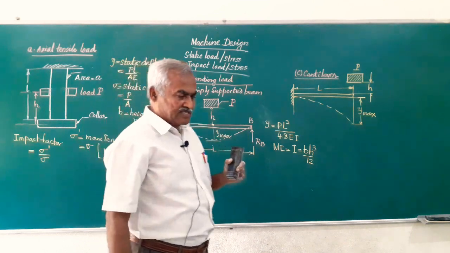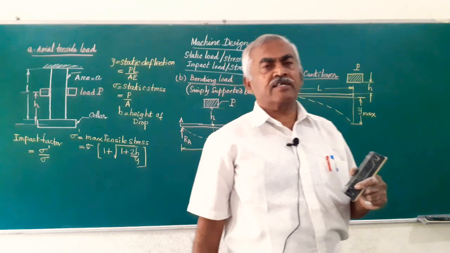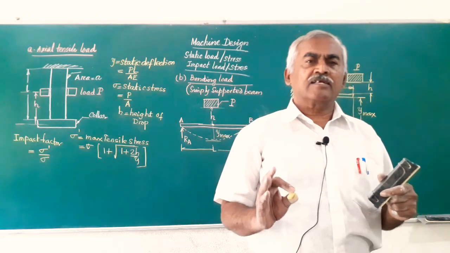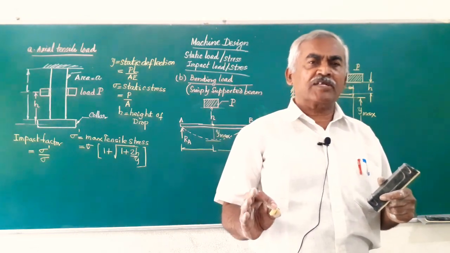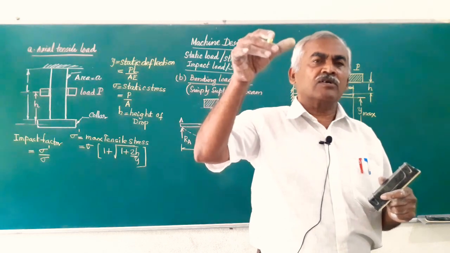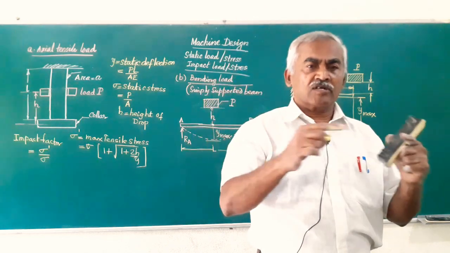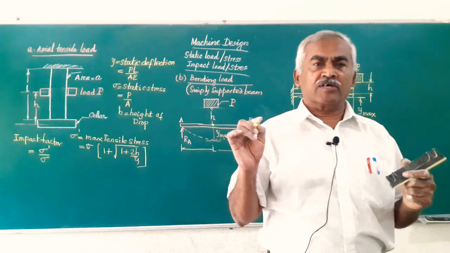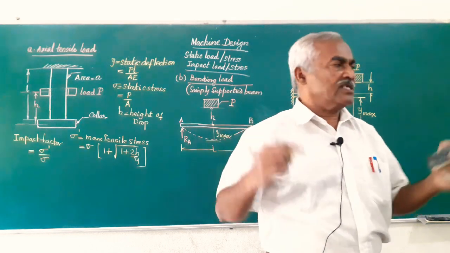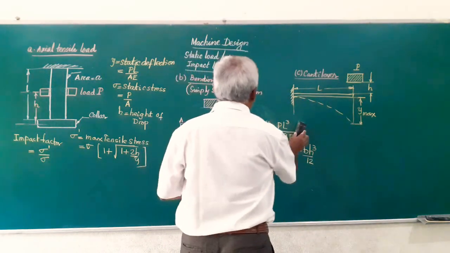And remember friends, the deflection you obtain once again depends on the material property E, the load that is dropped, the height from which it is dropped, and also the dimensions of the member. It could be the length and also the cross section of the member.